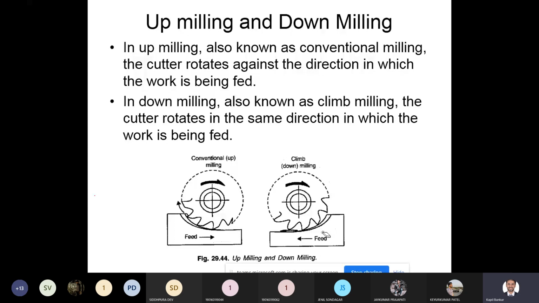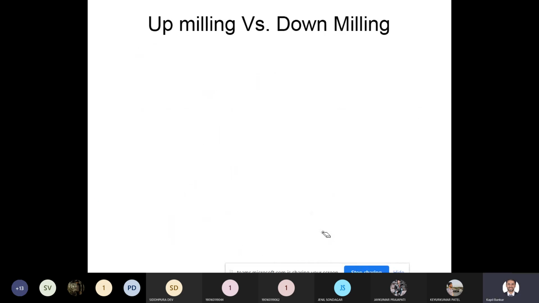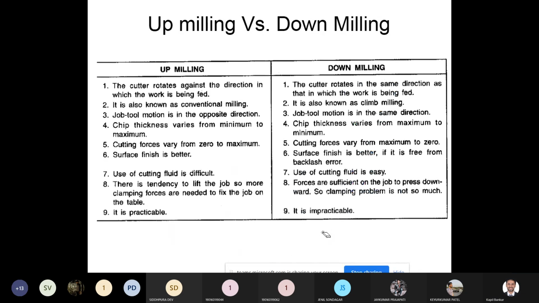Some more differences we will see, because in exams the difference between up milling and down milling has obviously been asked many times. So please focus on this difference. In up milling, what happens? The cutter rotates against the direction in which the workpiece is being fed.